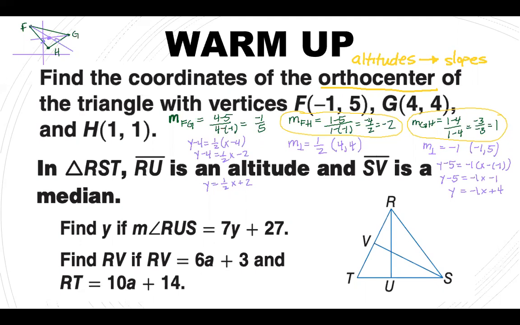Okay, so now I have two lines, right? And in order to find the orthocenter, I need to know where those two lines meet. So they're both equal to y, and because they're both equal to y, I can set them equal to each other. So 1/2 x plus 2 is equal to -1x plus 4. So I'm going to add 1x on both sides.